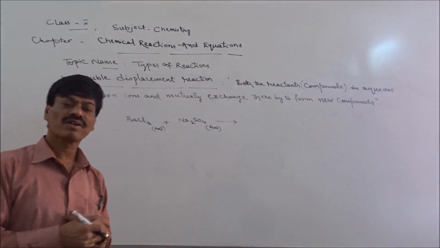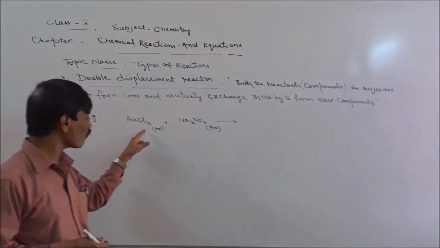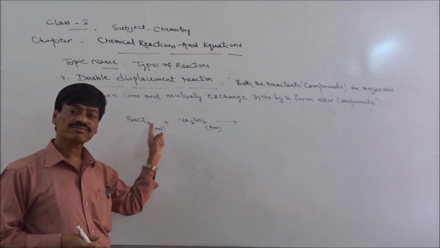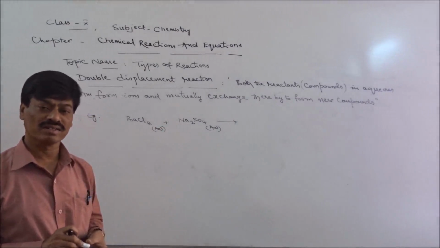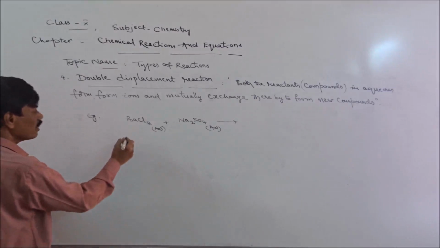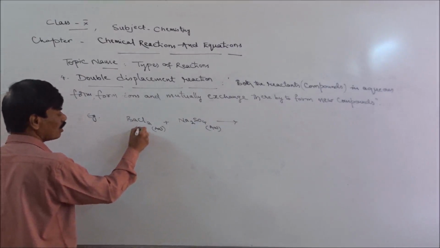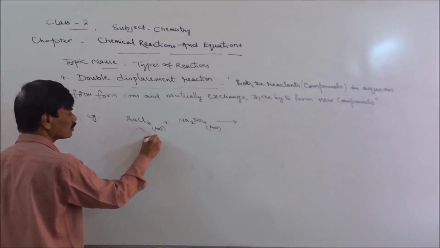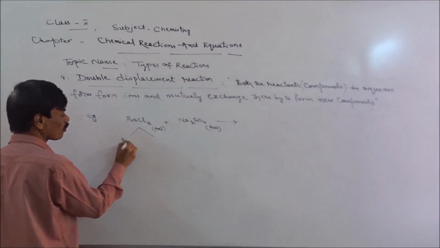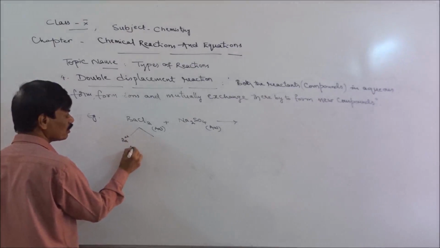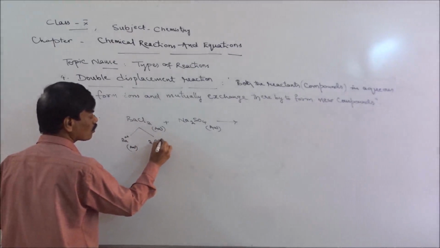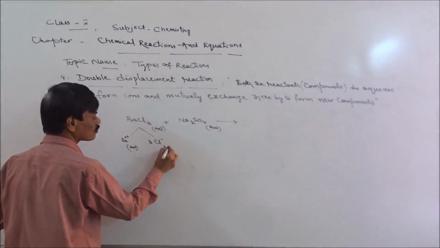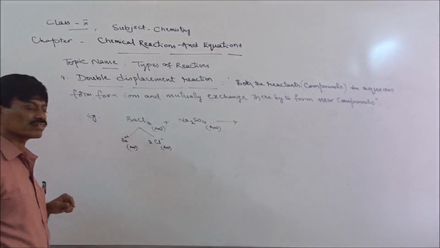But here, one thing you need to remember: in aqueous form, each compound undergoes the change to form ions. Like barium chloride undergoes a change to form barium dipositive ion in aqueous form, and chloride negative ions in aqueous form.